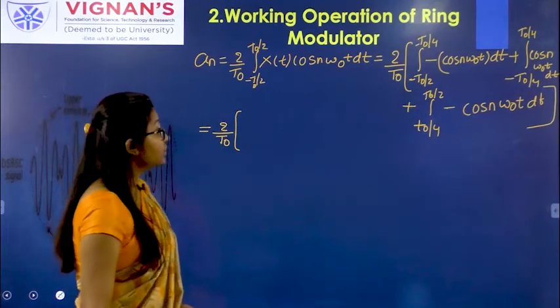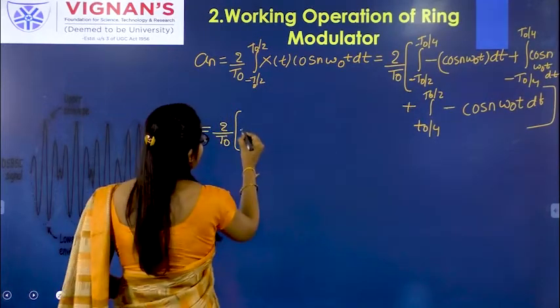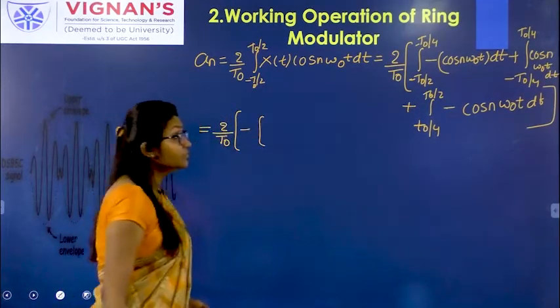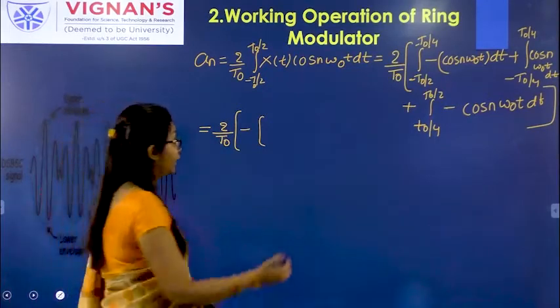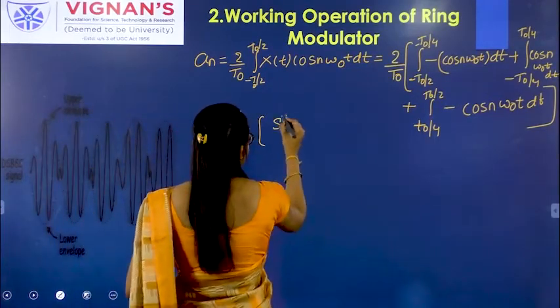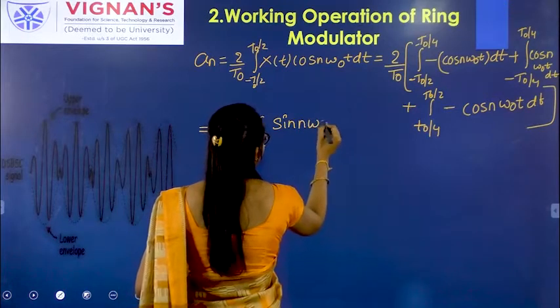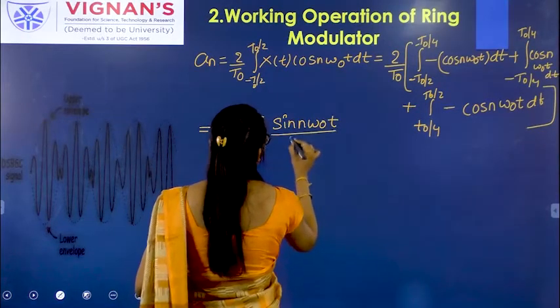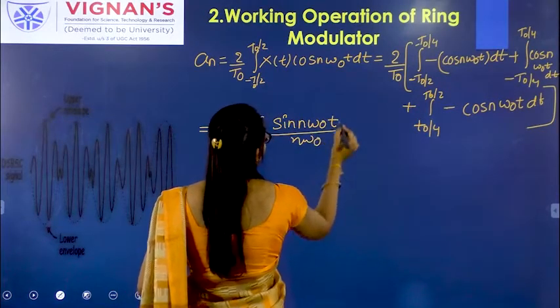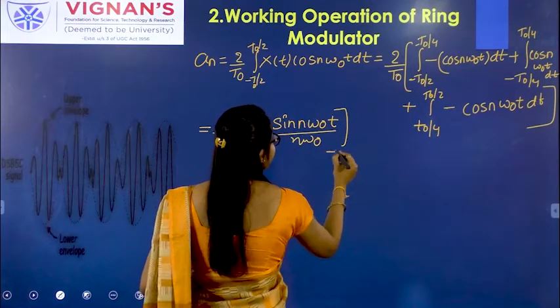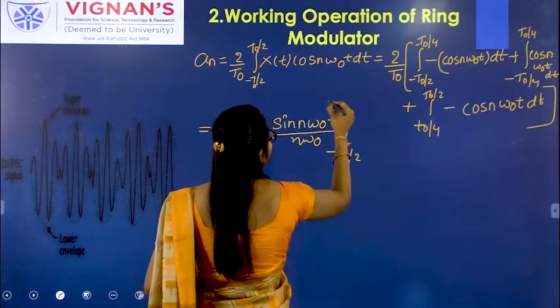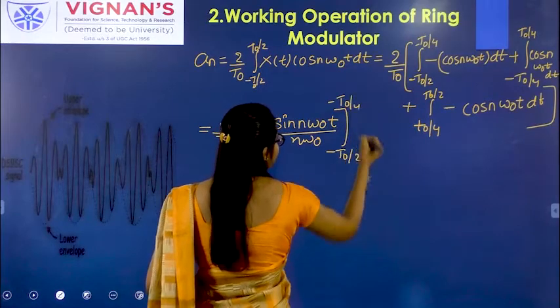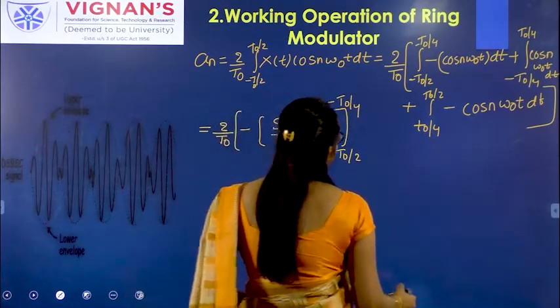So what will be the value? Minus, just keep outside. Cos n omega naught t integral, you will be getting sin n omega naught t divided by n omega naught, and it will be minus T naught by 2 to minus T naught by 4, right?